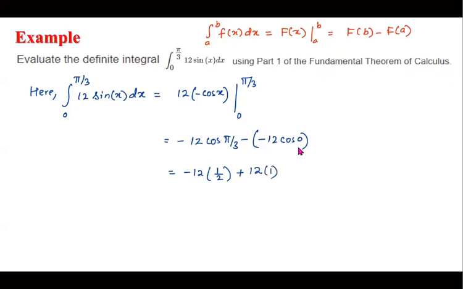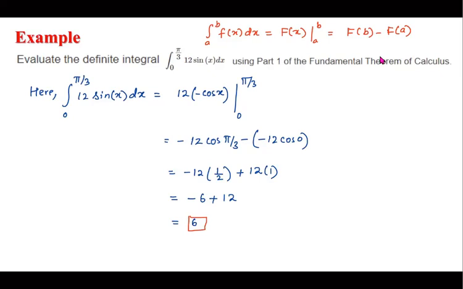So here we get half of negative 12, which is negative 6, plus 12 times 1, which is 12. So negative 6 plus 12 is positive 6. So the value of the definite integral there is positive 6, and we evaluated this using the first part of the fundamental theorem of calculus.